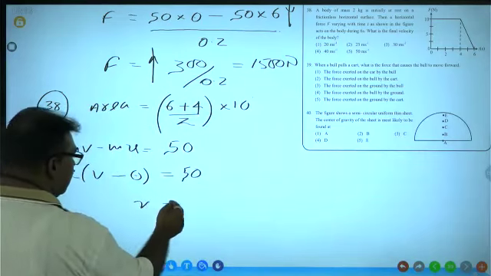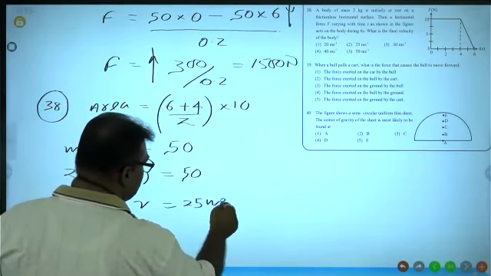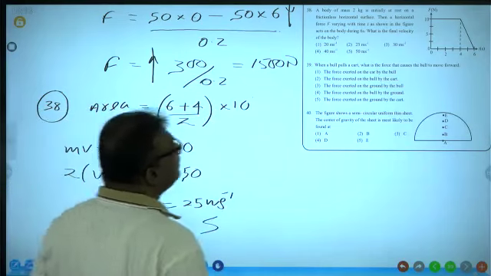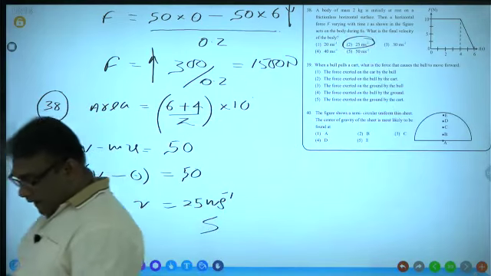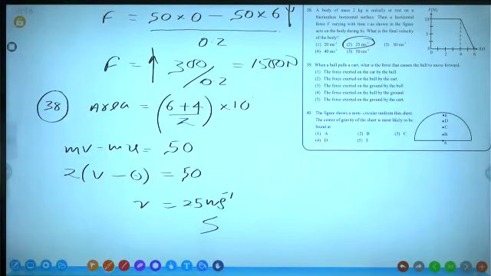Then v becomes 25 ms minus 1. Then correct answer is the second one. Okay, right. Number 39. When a bull pulls a cart, what is the force that caused the bull to move forward?